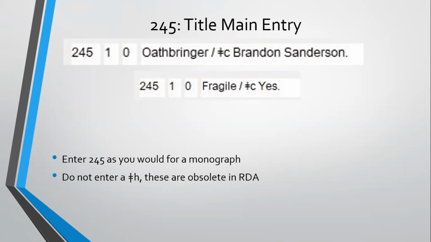You'll just want to list them after those that are found from the same source as your title proper. And then also here on the slide, we have do not enter subfield H, the material designator. These are obsolete in RDA. So if you come across this, you can just delete it because that information is going to be included elsewhere.